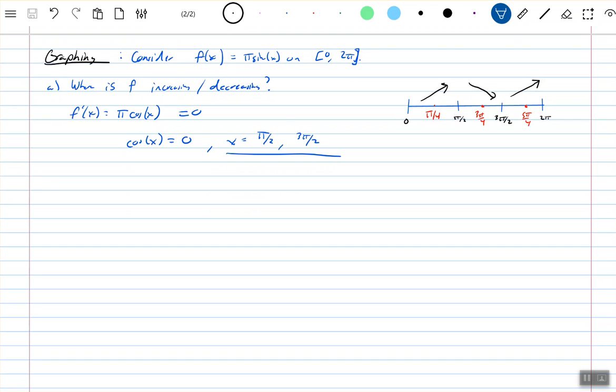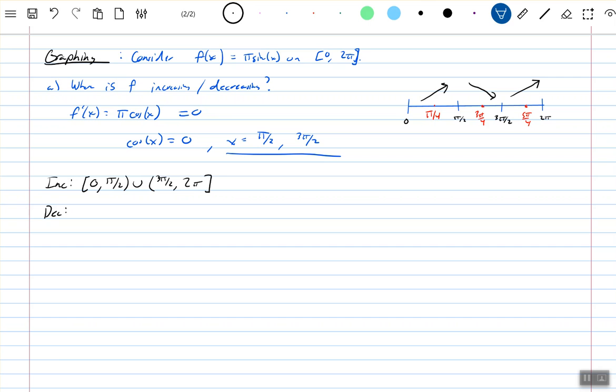We can write that down as we are increasing on the interval 0 to pi over 2, open, union, 3 pi over 2 to 2 pi, closed. Be careful with open and closed here. We're including 0 and 2 pi, but we are not including pi over 2 and 3 pi over 2.